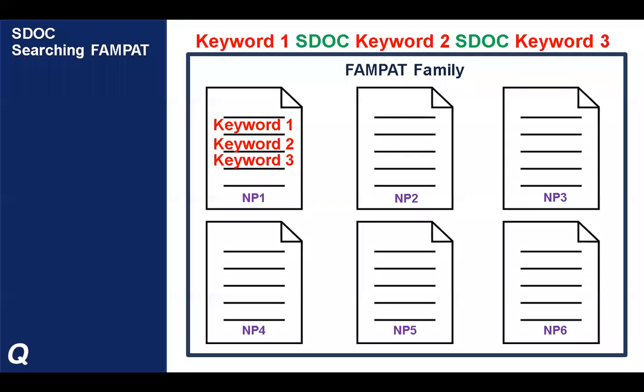It is very useful when you are performing a FAMPAT-based search, and the search is limited to claims only, wherein you use keyword 1, the operator SDOC, keyword 2, SDOC, keyword 3. In database terms, it means that all of the keywords are searched in a single document. Instead of being present in National Phase 1, 3, and 5, those will be grouped together and given to you as a result.